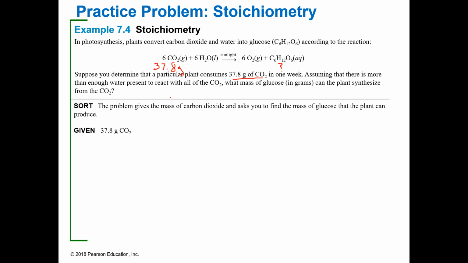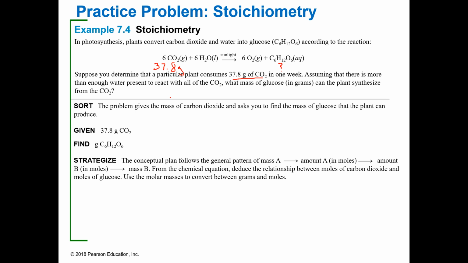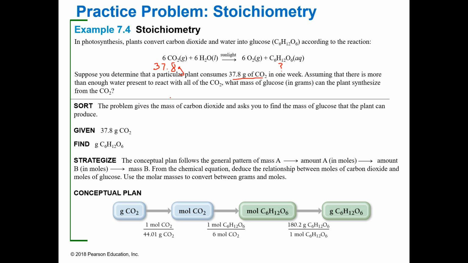All right, so we're given that, and we're looking for grams of glucose. So we're going to make our pattern again. It's going to be the same conceptual plan. We're going to go from grams of CO2 to moles of CO2. And how are we going to do that? We're going to use the molar mass of CO2. 1 mole of CO2 is 44 grams.